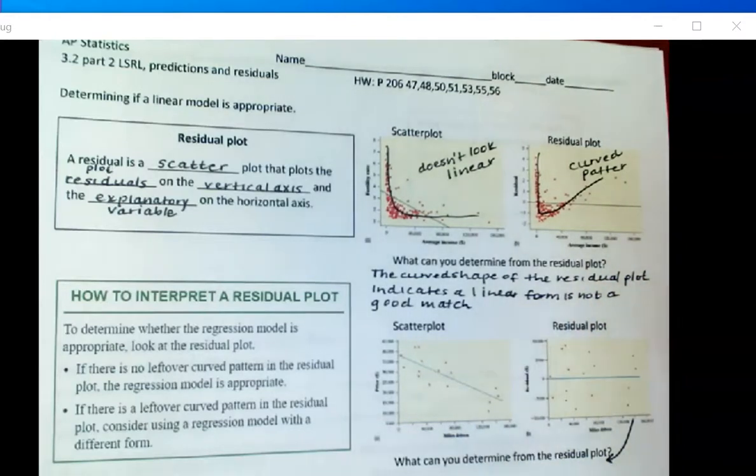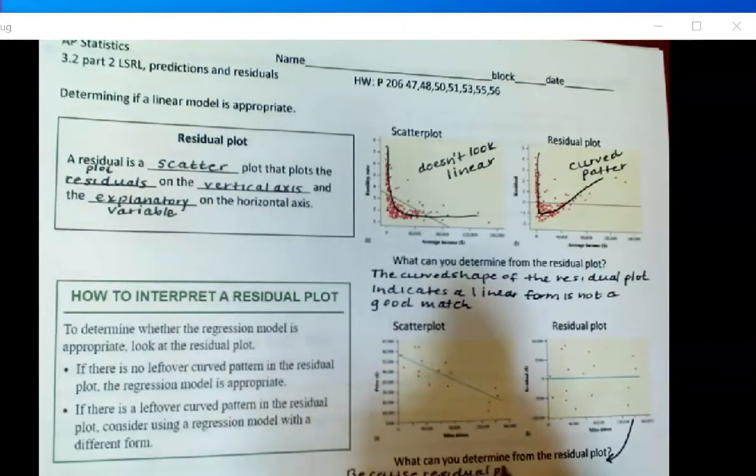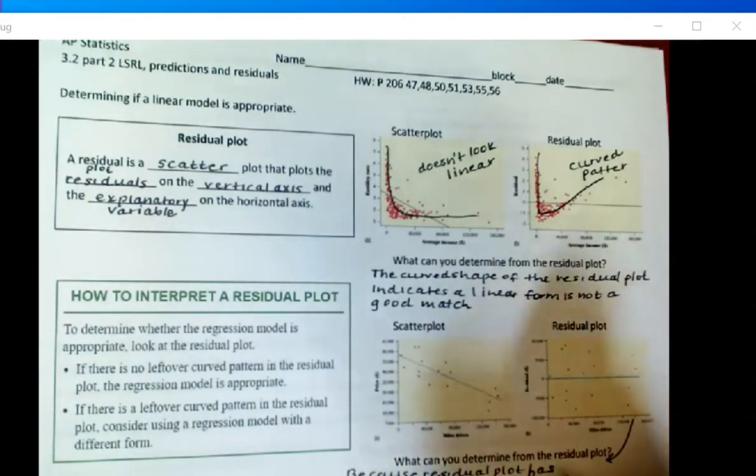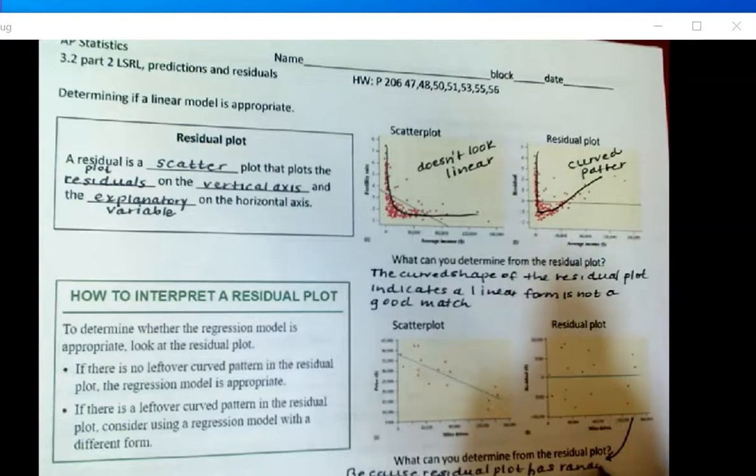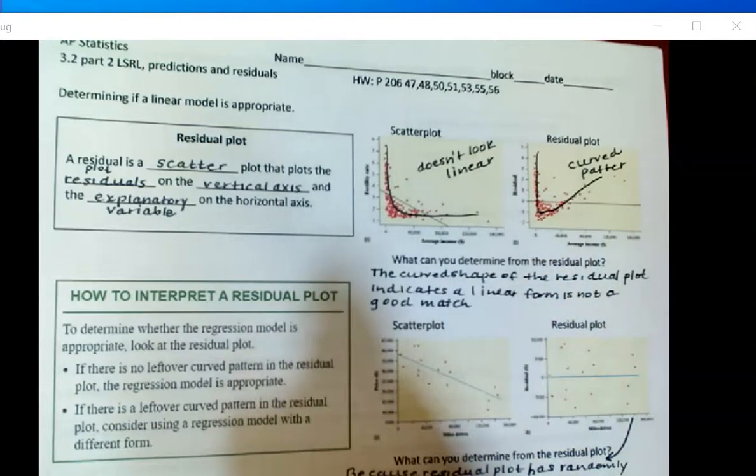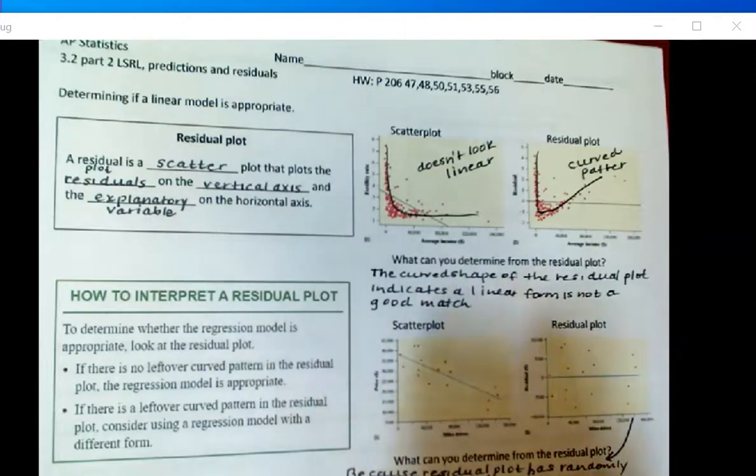Because the residual plot has randomly scattered points and no curve, a line is a good form.